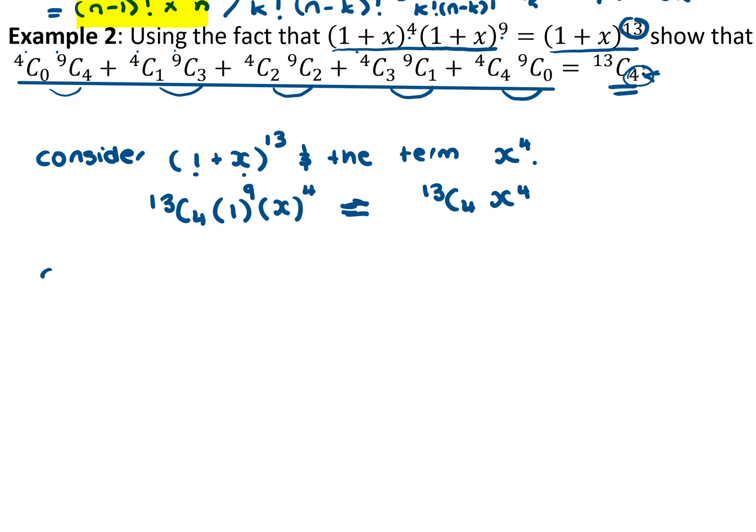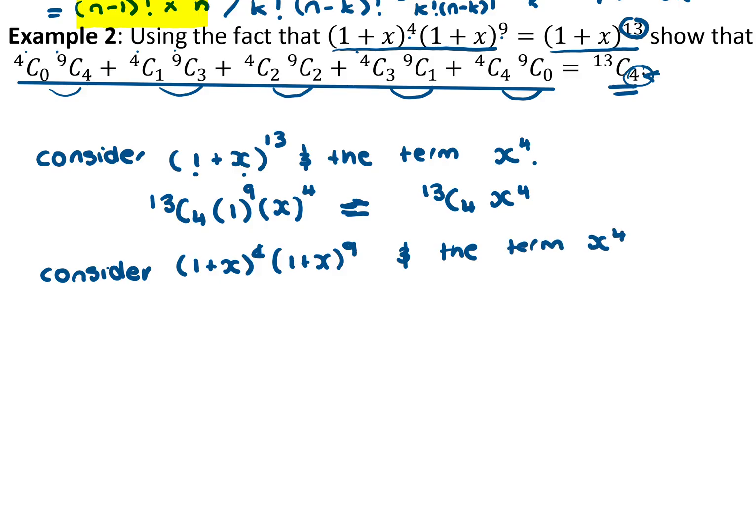Now I'm going to consider the other side, which is more complicated, so the fun's not over yet. Again, I'm going to consider the ways I can get x to the 4. We're going to have to set this out quite well because it is a show. First of all, 1 plus x to the 4.